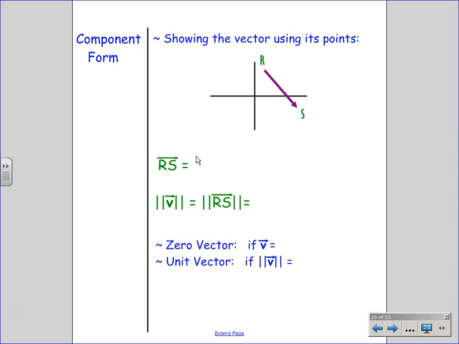So check it, components. Has anybody figured out what the word means? Taking a vector and figuring out how the horizontal and vertical can be stated to show the overall effect.